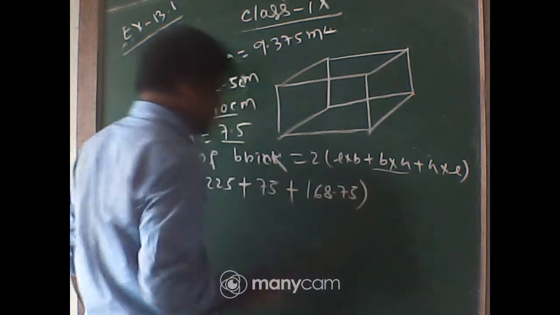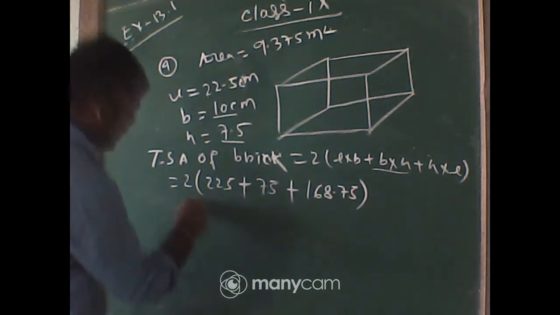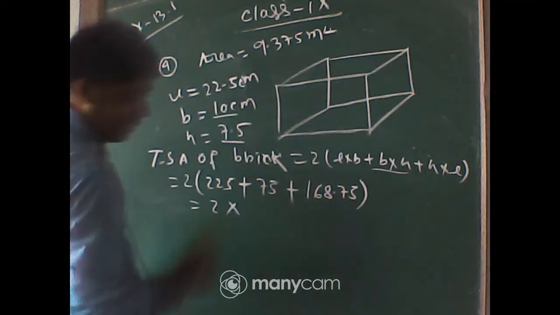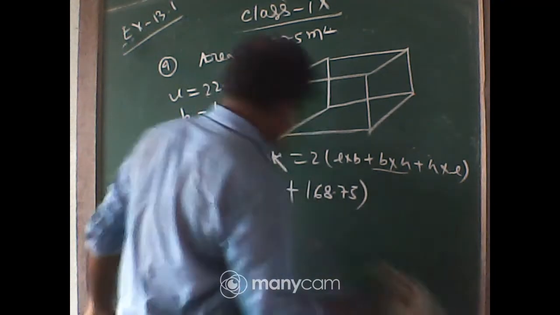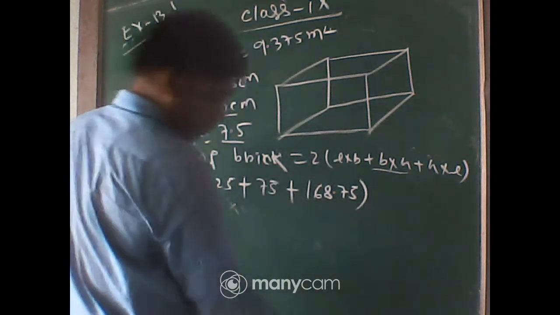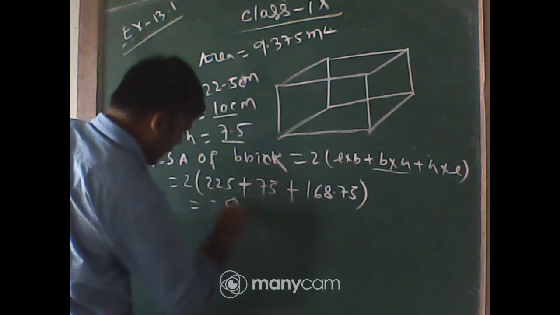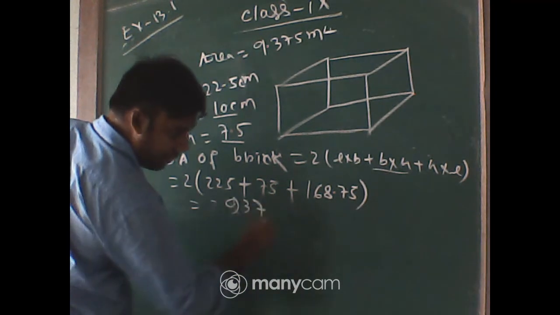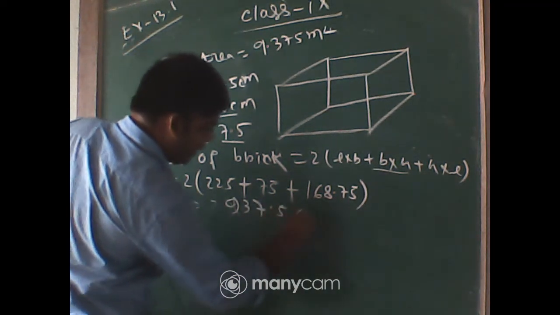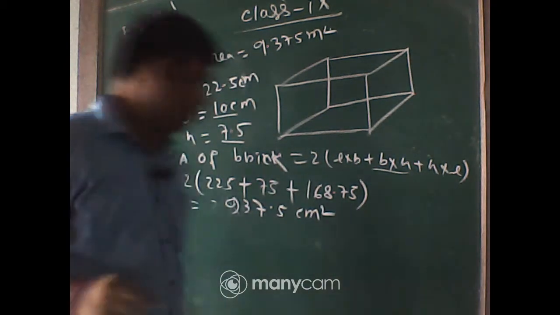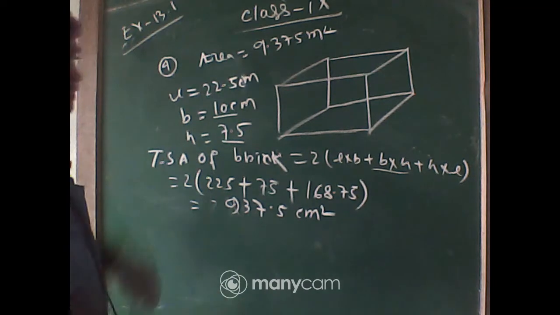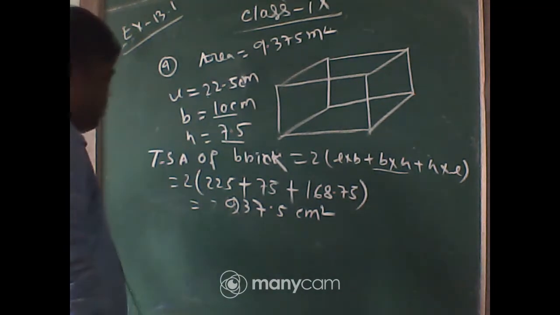Now add it, and you will get a total of 937.5 centimeter square.